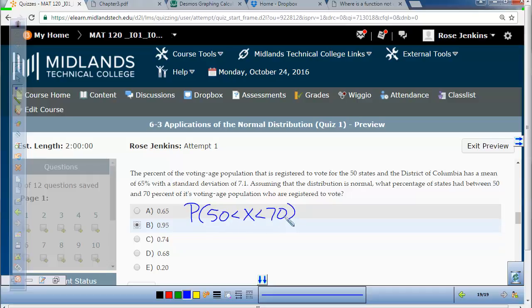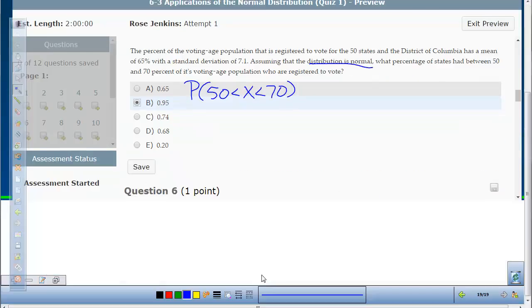They tell me that the distribution is normal, so again, I need to find the z-score for 50 and also for 70. So z equals 50 minus my mean of 65. Notice that this is 50% and 70%, so all of these things are in percents. We could either do them all as whole numbers, the way that I'm doing, or do them all as decimals, but the z-score would come out to be the same either way.